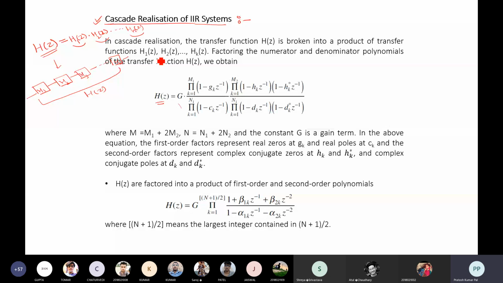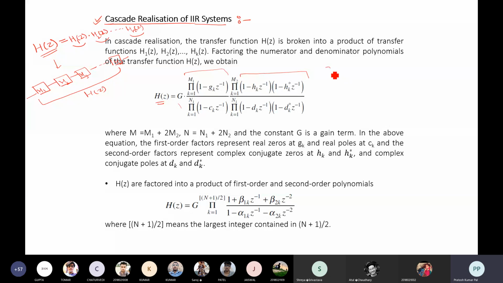Any transfer function H1(z) having real solutions will be represented by this term. Any transfer function having solutions in complex conjugate form will be of two types: Hk will be one pole and Hk complex conjugate will be the second pole. Imaginary poles always exist in pairs.